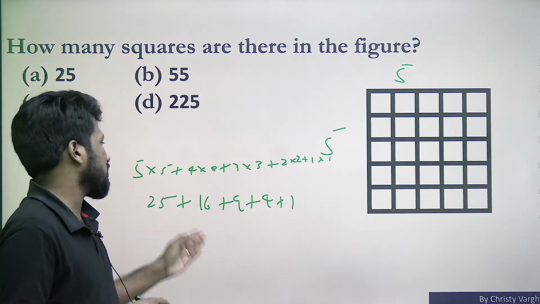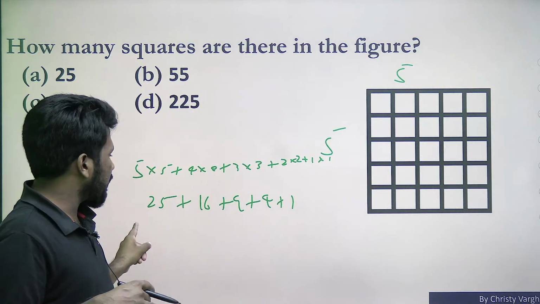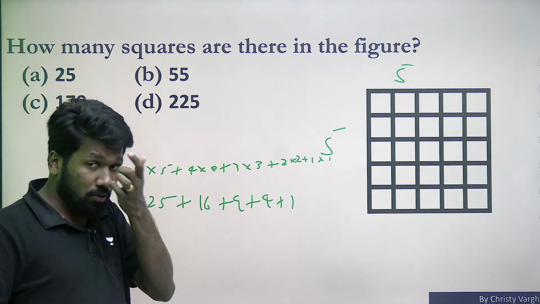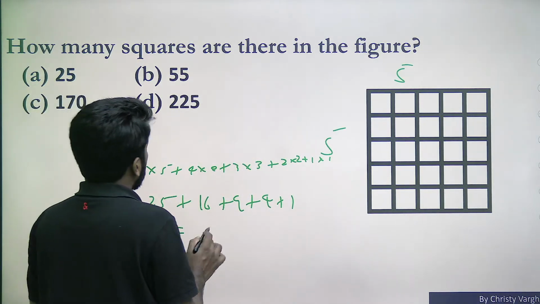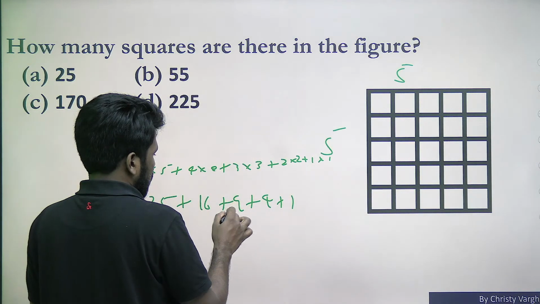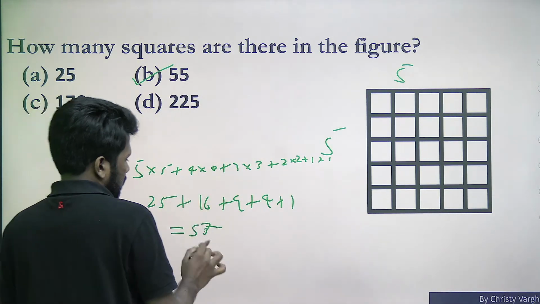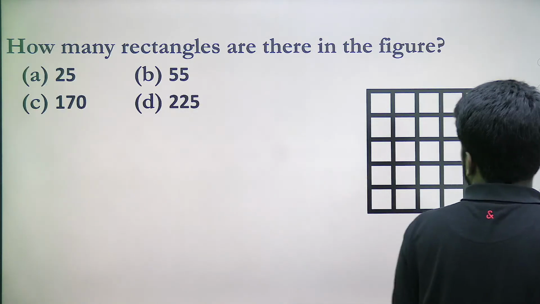If rows and columns are same, these products all will be perfect squares. This is the sum of the first 5 squares. That is why the other formula works, n into n plus 1 into 2n plus 1 by 6. But again, we will just go for manual counting itself. When you add it up, you will get 10, 30, 55. 55 will be the answer. So square number 55 होगा. Rectangle number क्या होगा? Answer it fast.